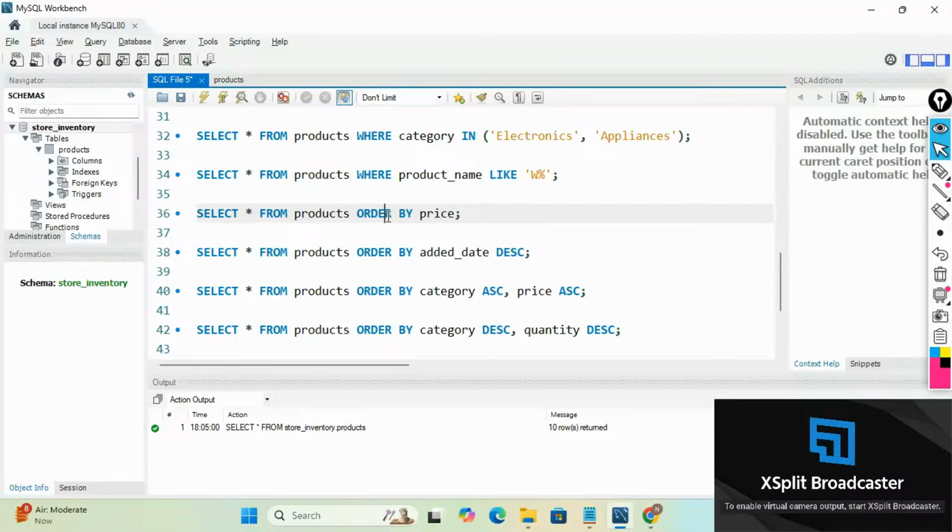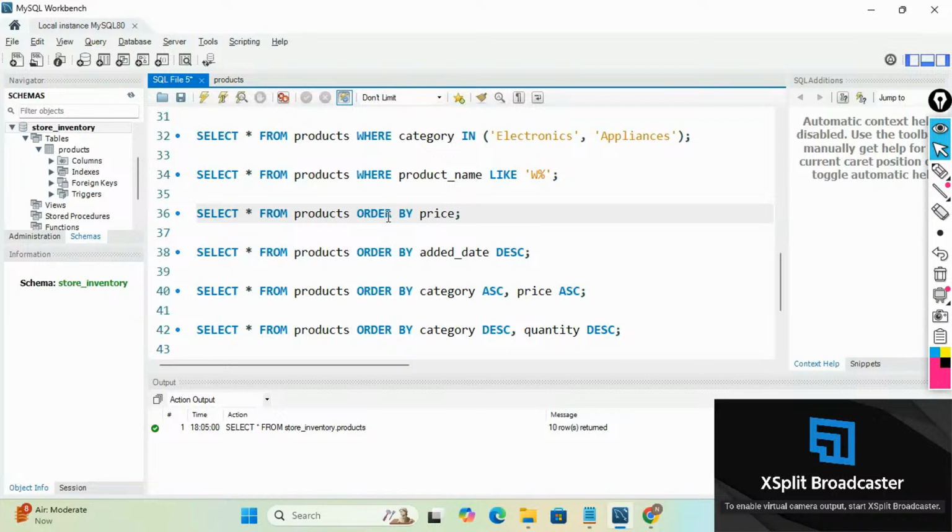Am I right? Yes. The order by clause helps us to sort the data. As it sorts the data, will it sort either in ascending or descending order? By default, it does sorting in ascending order.